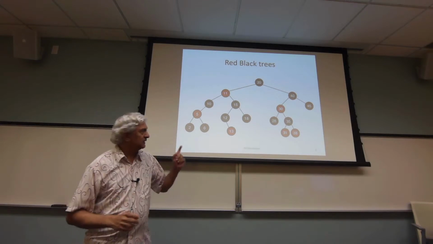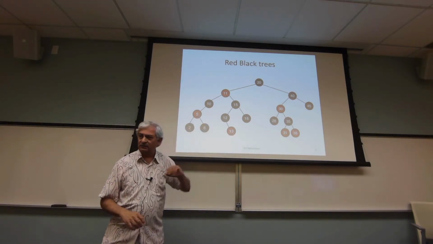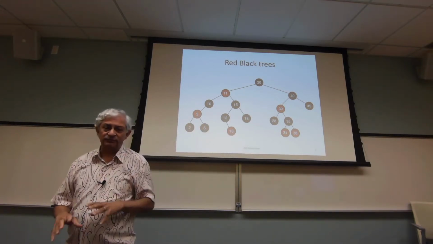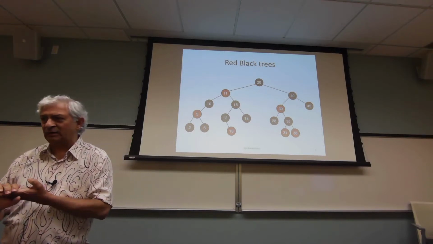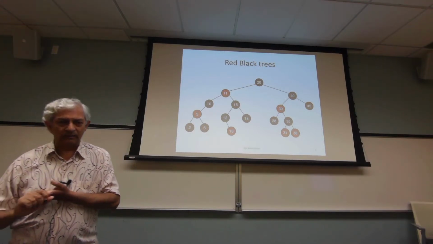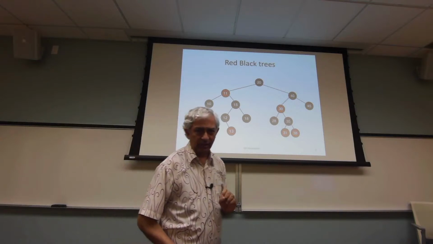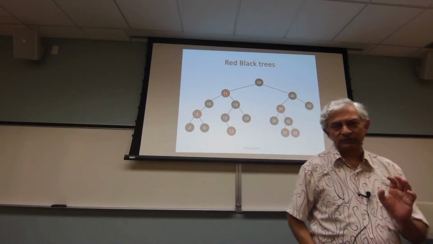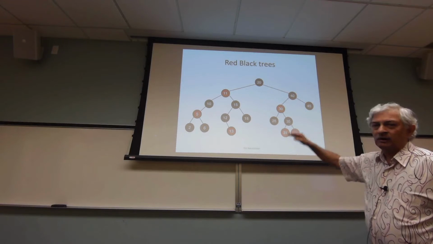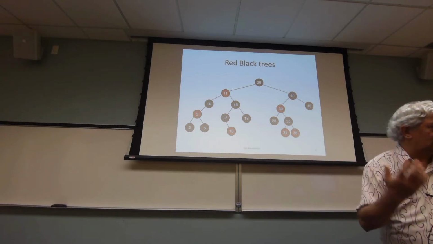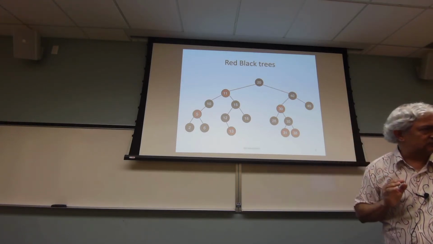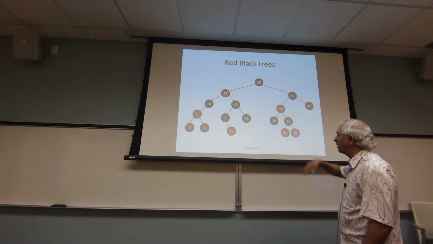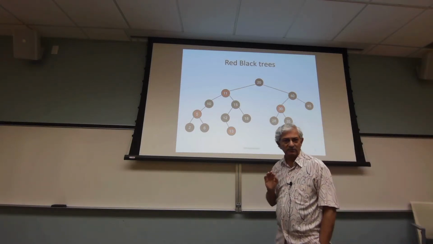But the nice thing is that the height of these red-black trees, if these 3 properties are satisfied, is always going to be roughly of the order of log n. And that ensures that all operations like search, insert and delete are very, very efficient, and in particular, they're all achievable in log n time.